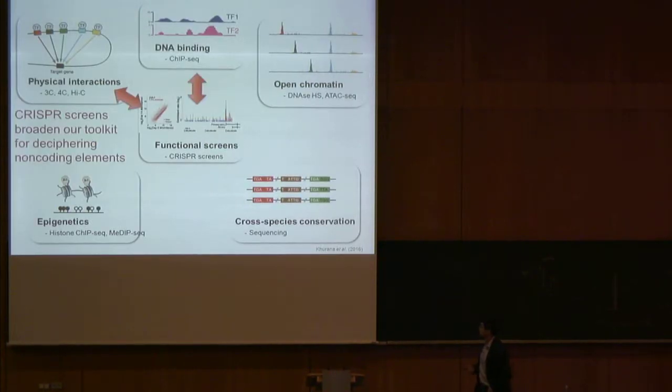The argument I want to put forward here, even though I think a lot of work is left to be done, is that even though we have all these other hallmarks of non-coding function, whether it's epigenetic marks, open and closed chromatin, transcription factor binding, or 3D interaction, these CRISPR screens, which I showed you just one of here, add a different layer on top of all of this, because it really directly connects regions of the genome with disease-relevant phenotypes or traits.